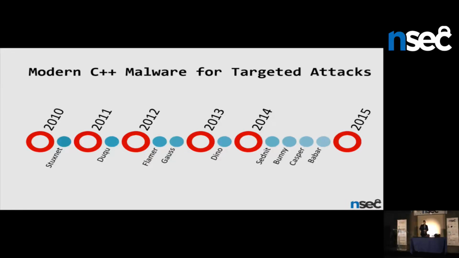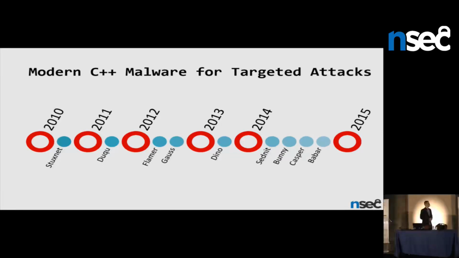We can see a few examples, like Stuxnet in 2010, which challenged the industry, malware targeting Iranian nuclear facilities. Then in 2012 we discovered Flamer, arguably one of the most complex malware to analyze, and recent examples like Animal Farm and SandNet. Everything is in C++ with a complex framework.